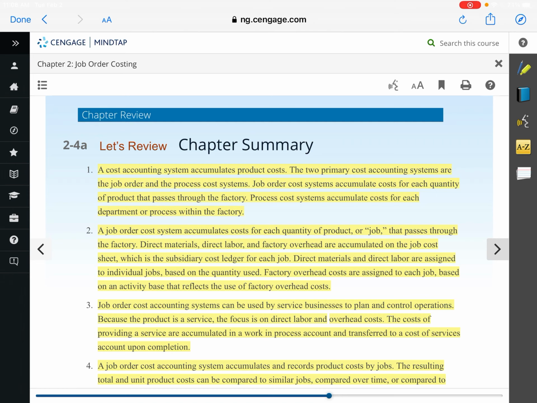But a cost accounting system accumulates product cost. There's two different ways that we do that: the job order and the process cost system. Job order cost systems accumulate cost for each quantity of product that passes through the factory. Process cost systems accumulate cost for each department or process. All right.